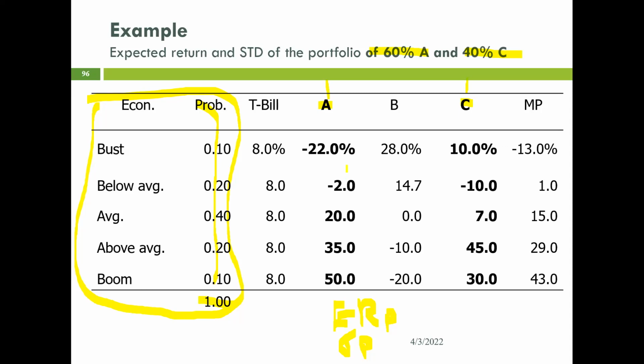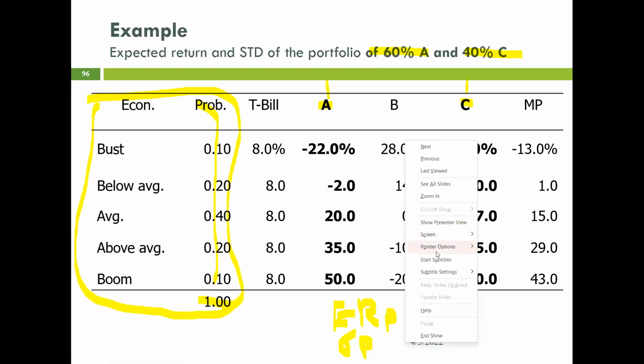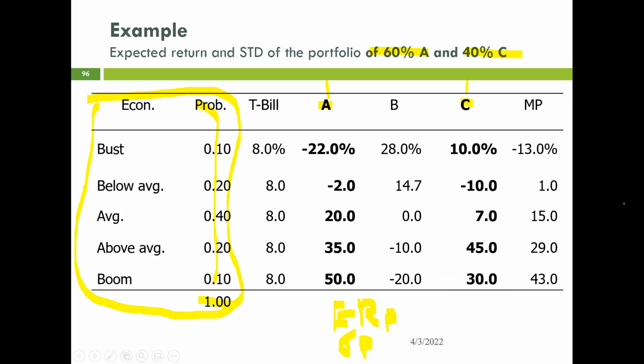In order to calculate portfolio risk, you should know the covariance or correlation coefficient. To calculate the correlation coefficient, first you have to calculate the covariance. So I'm writing the steps here so later you can do it. I hope you have the confidence to do this by yourself, right?